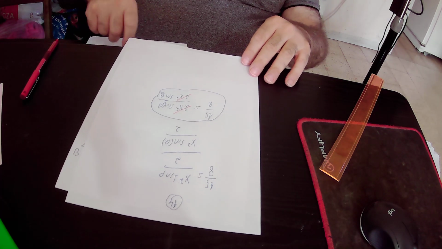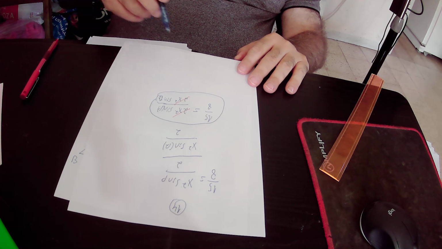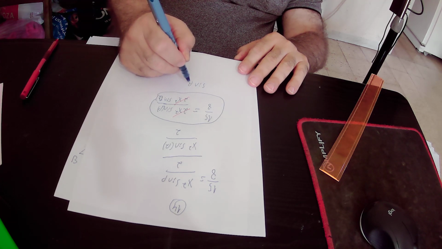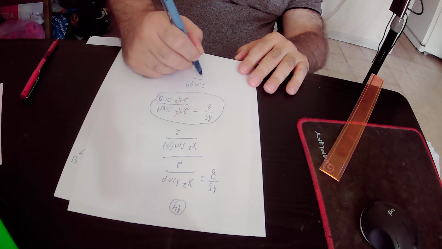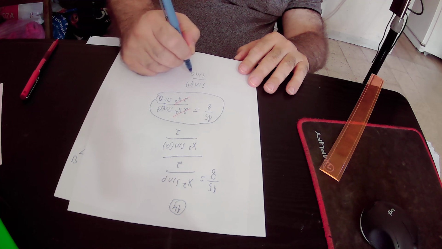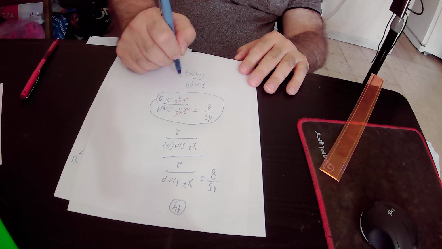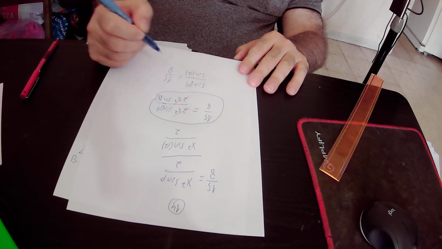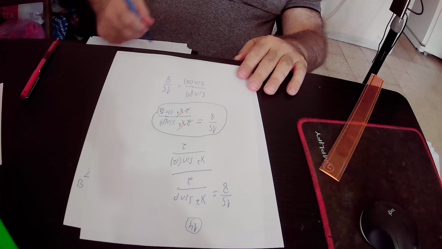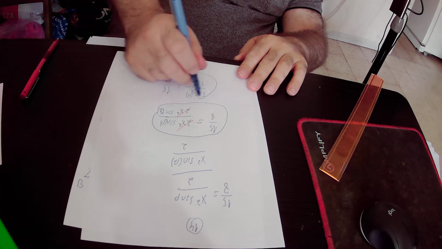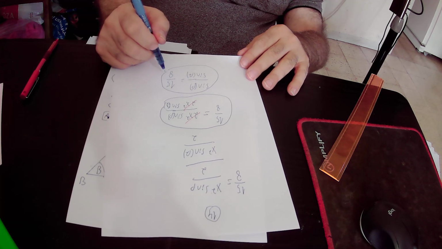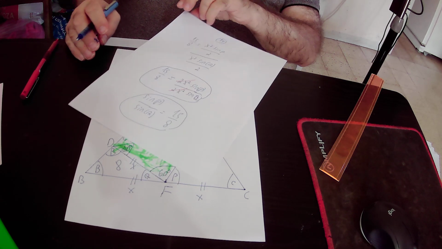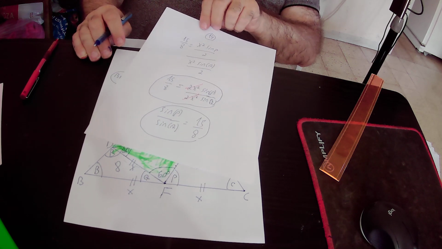So we got that sine P over sine Q equals 15 over 8. Okay? Sine P over sine Q equals 15 over 8.